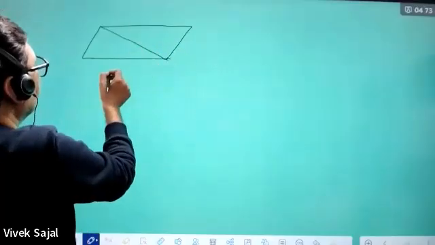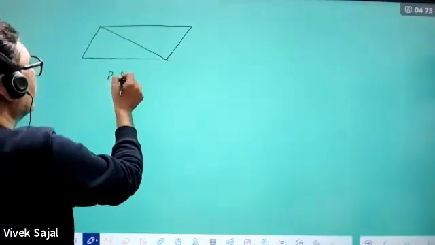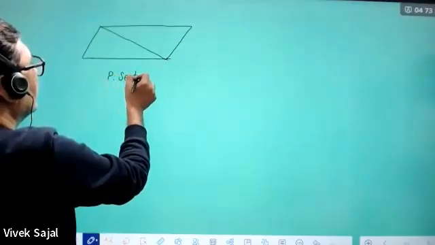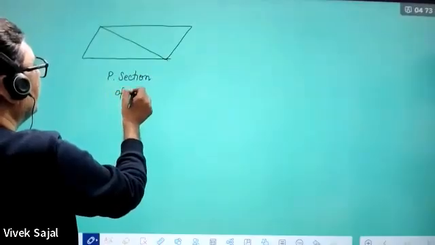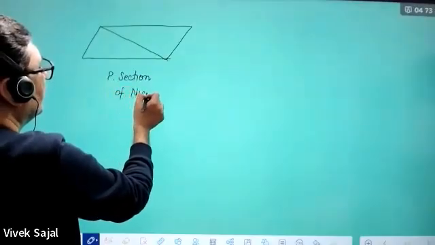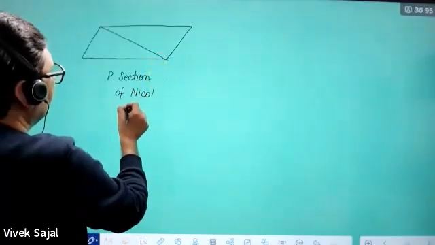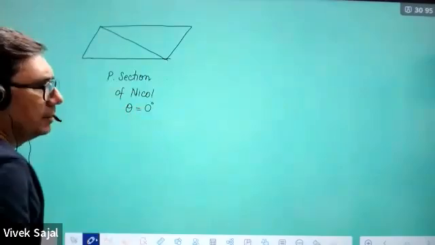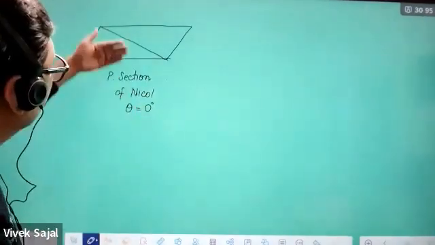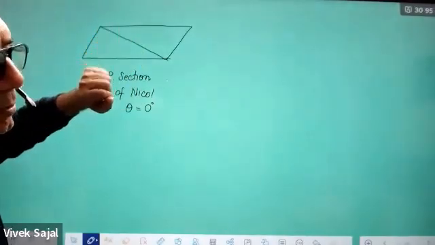What you are observing here is the principal section of the Nicol. I call this angle theta equal to 0, at 0 degree. I'm calling this situation of the Nicol prism theta equal to 0.